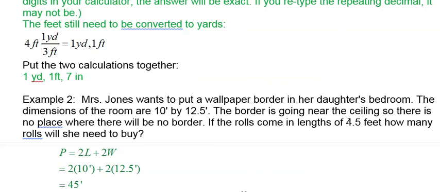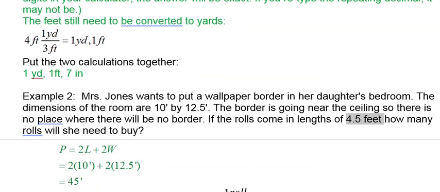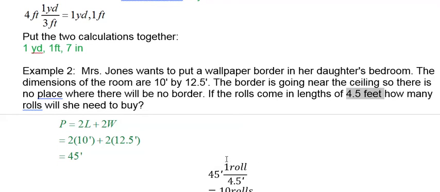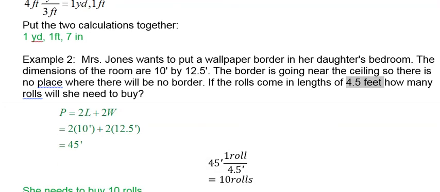Now we're told that the border comes in rolls that are 4.5 feet long. So in order to figure out how many rolls, again, we can use dimensional analysis. So we want feet, we want to convert it to rolls. So feet has to go on the bottom, rolls goes on top. This one works out very evenly, and so she's going to need to buy 10 rolls.